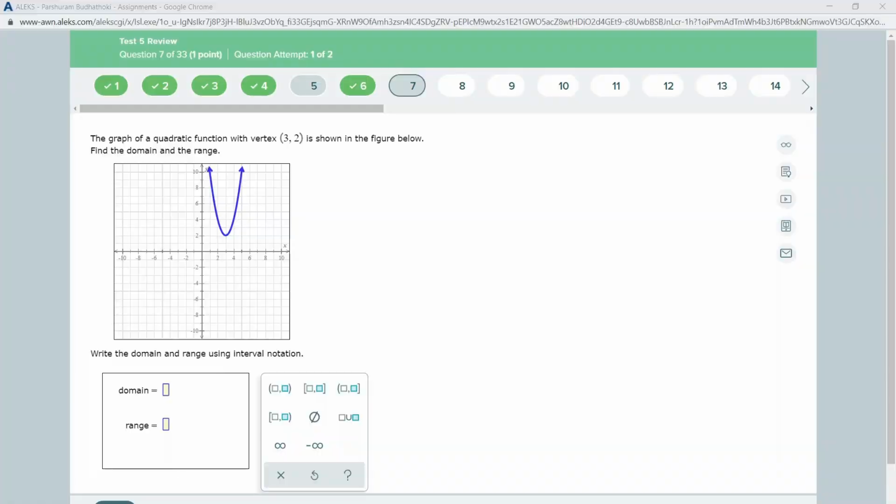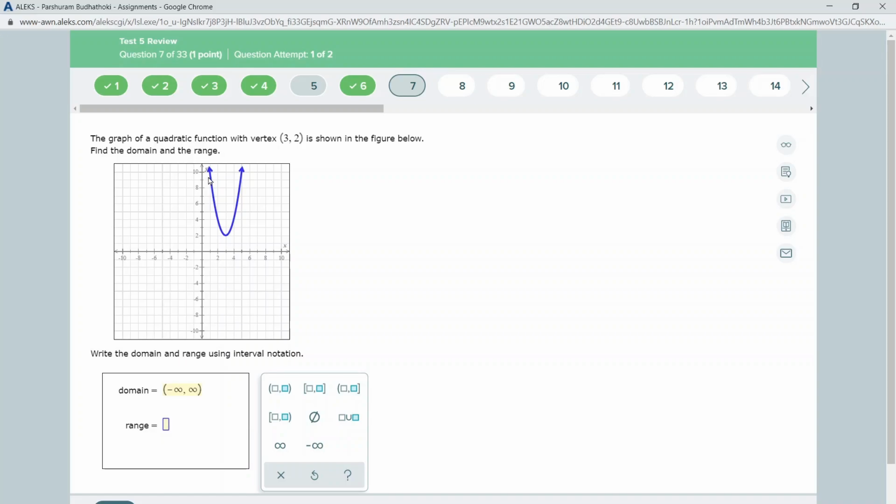Problem 7: the graph of the quadratic function with the vertex at (3, 2) is given here. Find the domain. Domain means what x values you can pick. This arrow means it keeps going to the left and to the right, and we know that the domain for the standard parabola is always all real numbers. So you can just say negative infinity to positive infinity because there is no restriction.